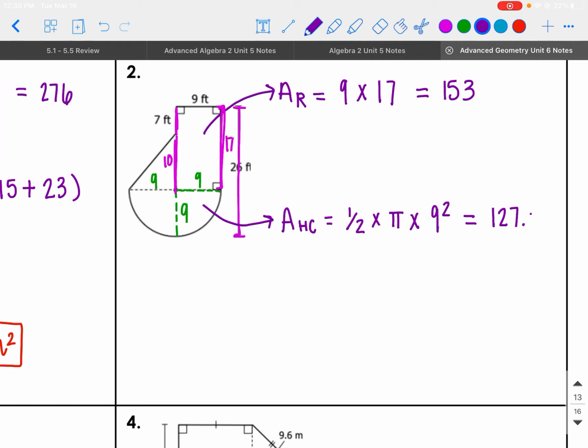And we get 127.23. And then area of the triangle is half times base, which is 9, times height, which is 10. And we get 45.